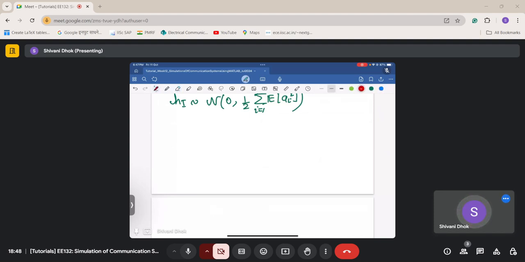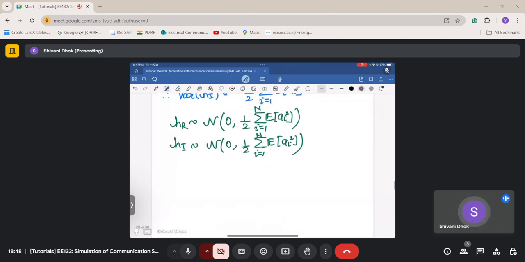You can show this, but I won't spend too much time on it now. We are already running short on time. You can show that these are independent, so these two are basically IID. So your H equal to H_R plus j times H_I.